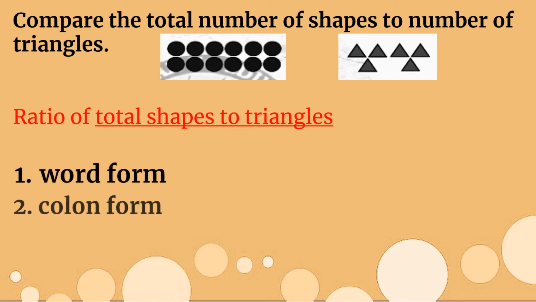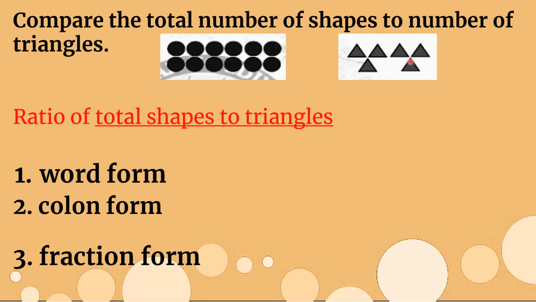The word form, the colon form, and the fraction form. So, first, sabi dyan, kung ano nga yung pagkaka-organize ng ating given, yun ang uunahin natin. So, ang una is the total number of shapes. So, bibilangin natin lahat. So, for circle, again, we have 12, right? 1, 2, 3, 4, 5, 6, 7, 8, 9, 10, 11, 12.